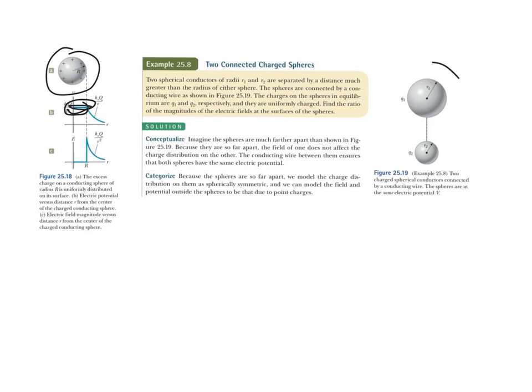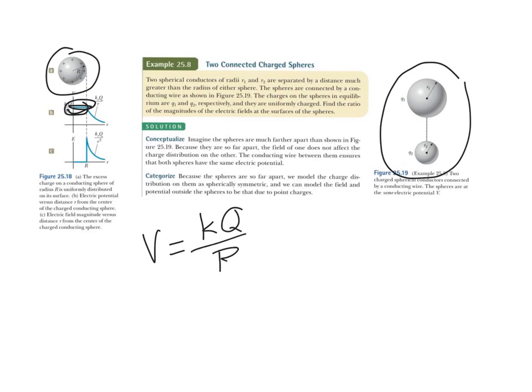Now, if you do that with two spheres and you touch them together, then they are now one equipotential surface, meaning they have to go to the same potential. The potential at the surface of a sphere is kq over the radius of that sphere.